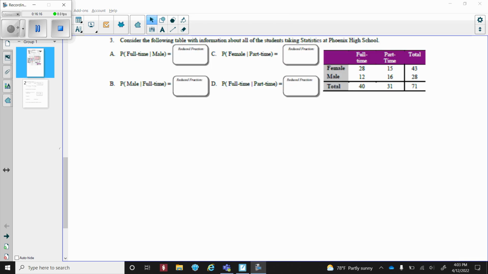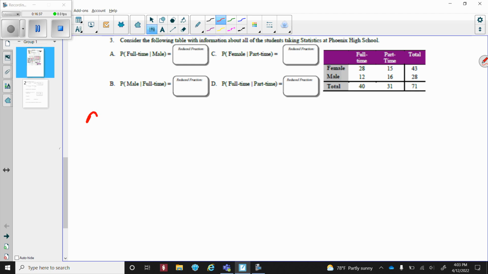Now we're on to question number 3. It's telling us to look at this table that's off to the right about the statistics at Phoenix High School. Part A is asking us, what is the probability that someone is full-time given that they're a male? Well, let's think back to our formula that we had.